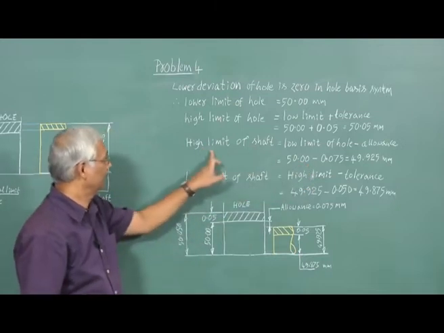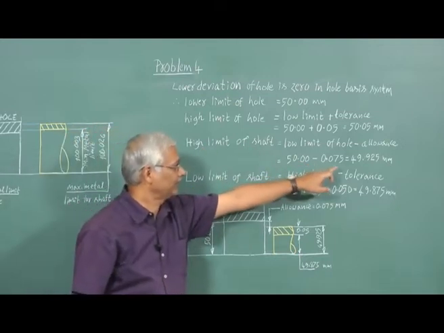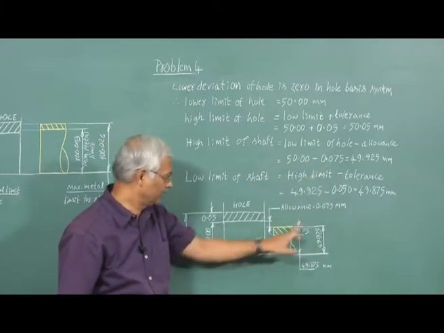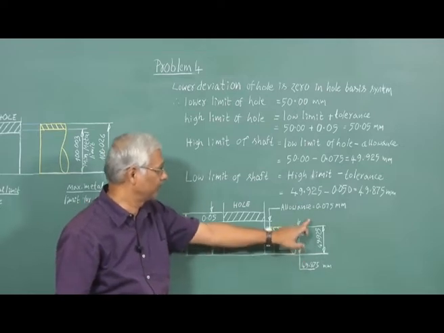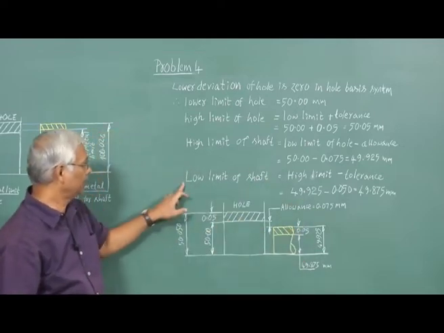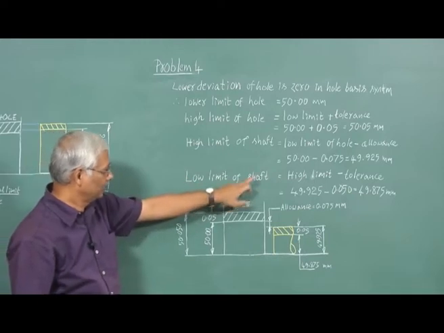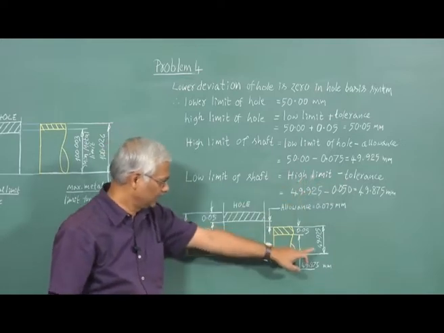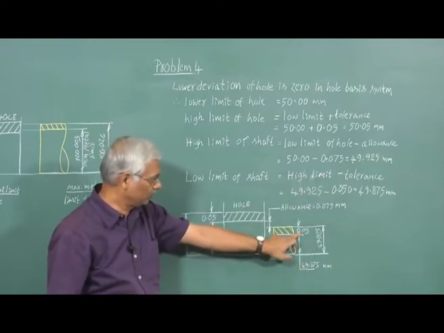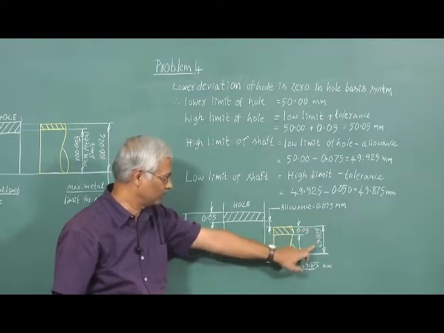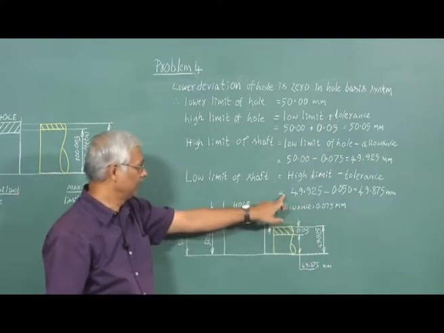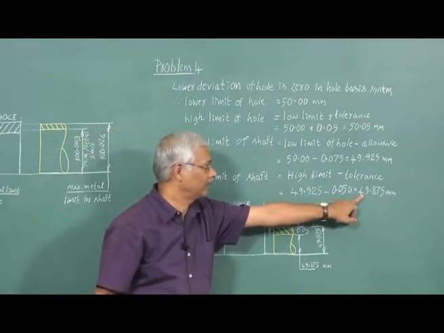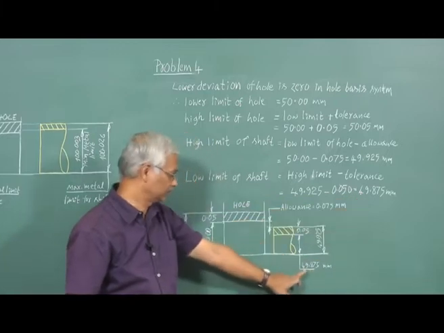So we get higher limit of shaft is equal to 49.925 millimeter. Now in order to get the lower limit of shaft, we have to subtract tolerance from the higher limit of shaft, that is we have to subtract this tolerance of 0.05 millimeter from the high limit of shaft, that is 49.925, then we get the lower limit of shaft is equal to 49.875 millimeter.